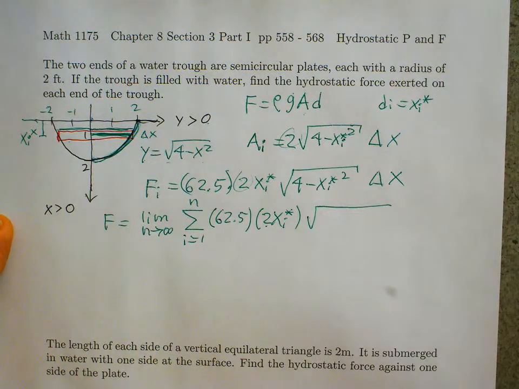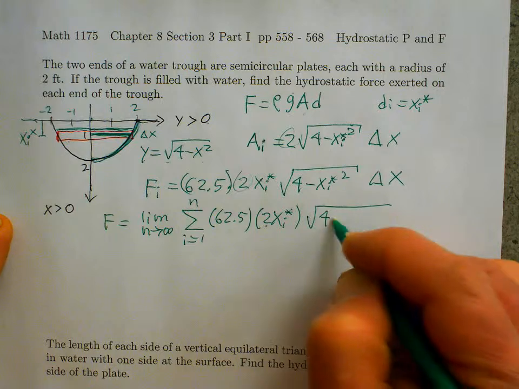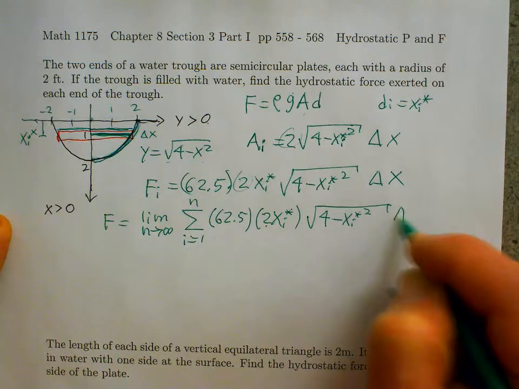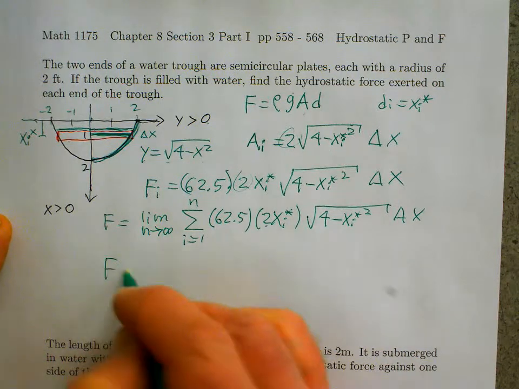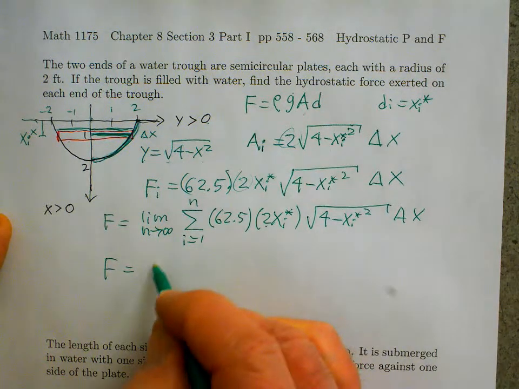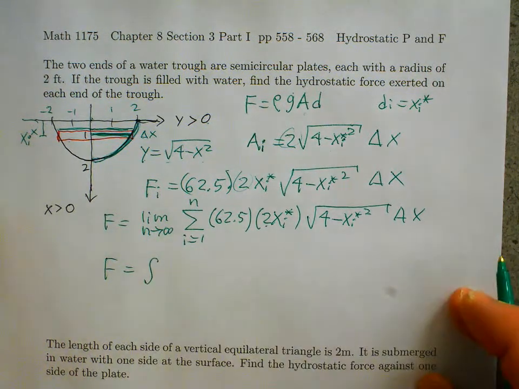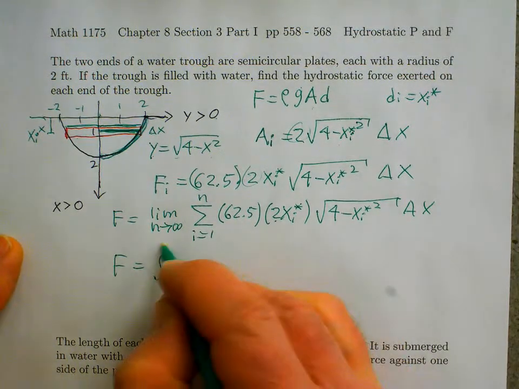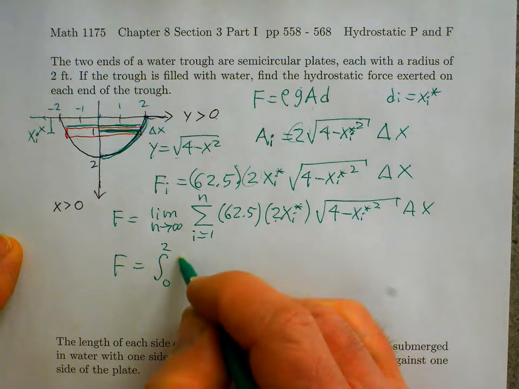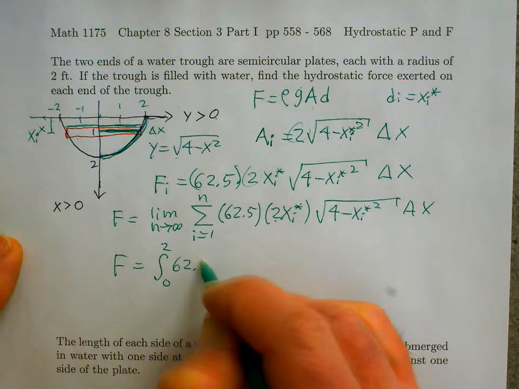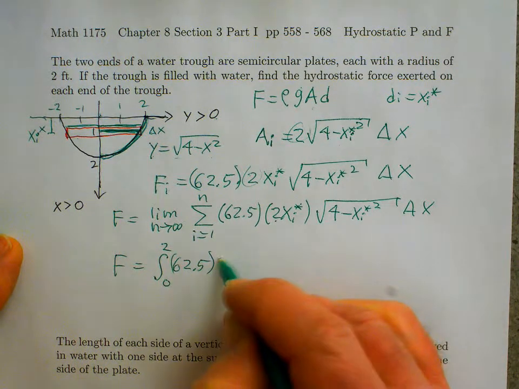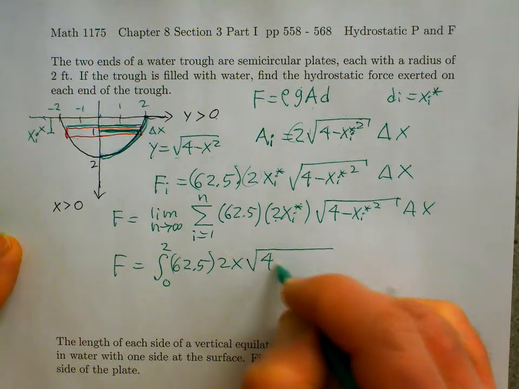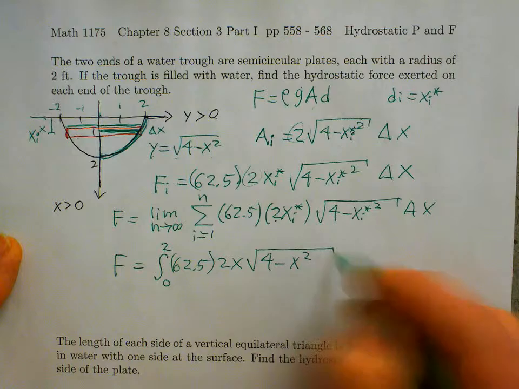Times the square root of 4 minus x sub i star squared delta x. And then the limit is the definite integral. The limits are from 0 to 2. 62.5 times 2x times the square root of 4 minus x squared dx.